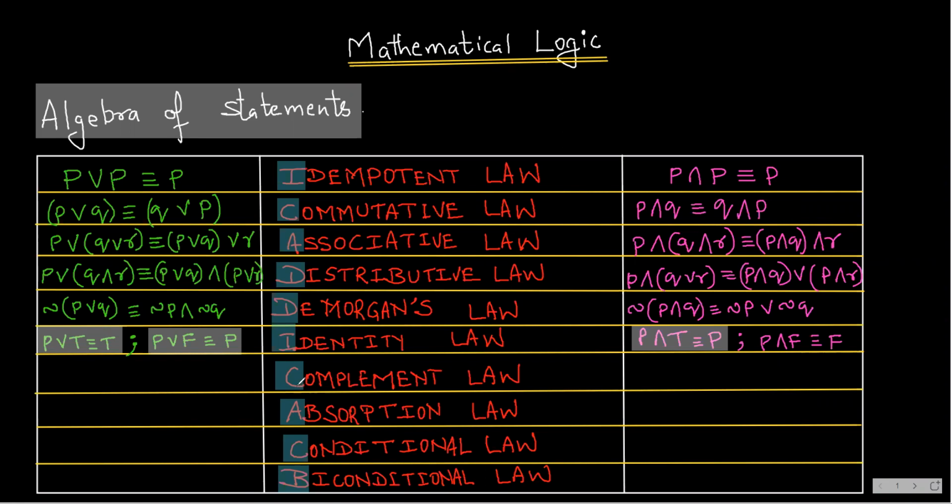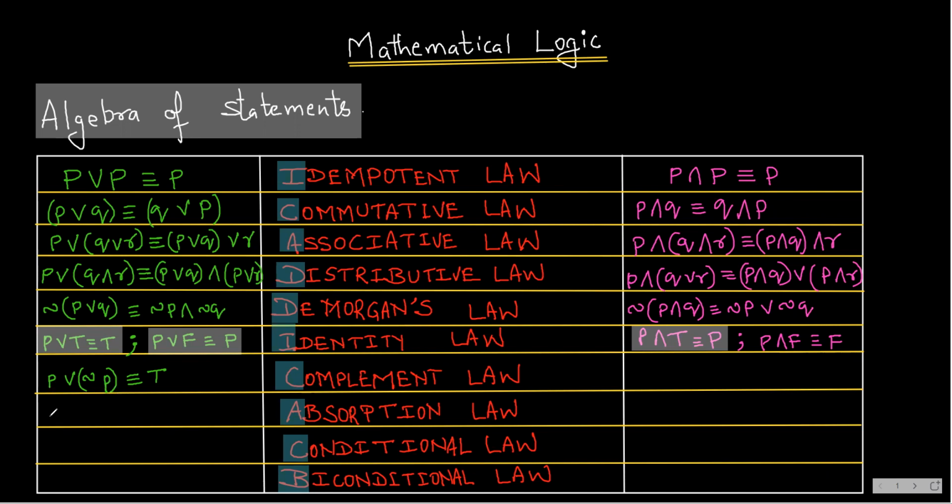After that, we have the next one as complement law. Complement law is P or negation P. P or negation P is always true, whatever be the truth value of P. You can check.